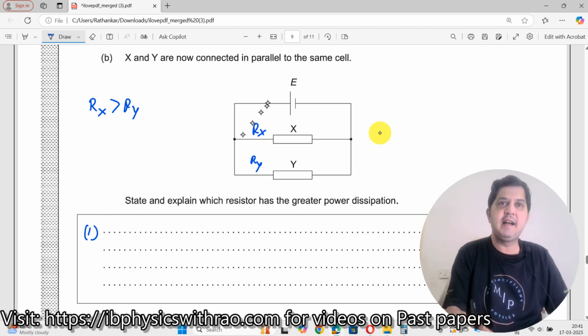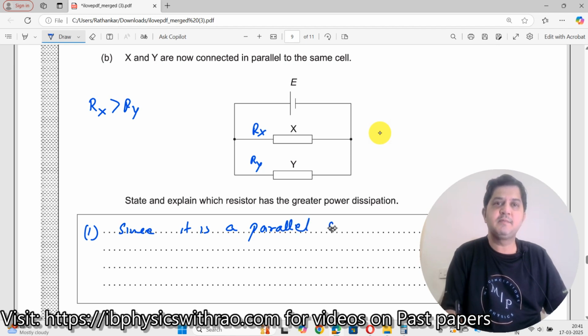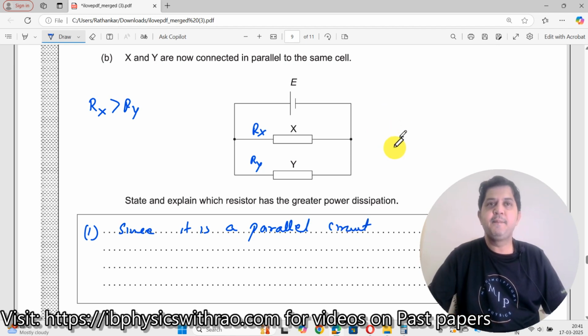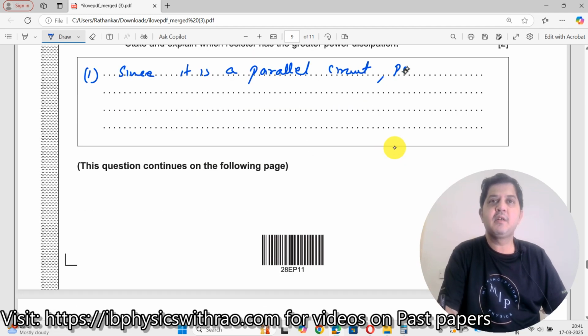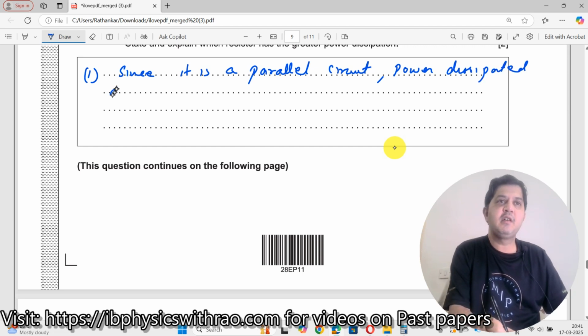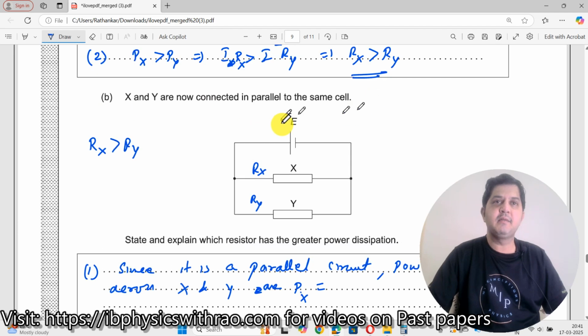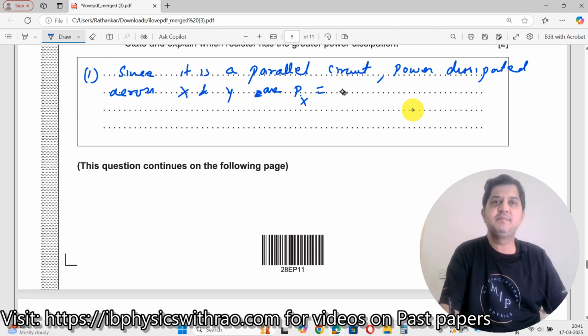First mark would be identifying what kind of circuit this is. Since it is a parallel circuit, the power dissipated across X and Y can be written as Px is equal to V squared by R. This is E here, so I will write E squared by Rx, and Py is equal to E squared divided by Ry.